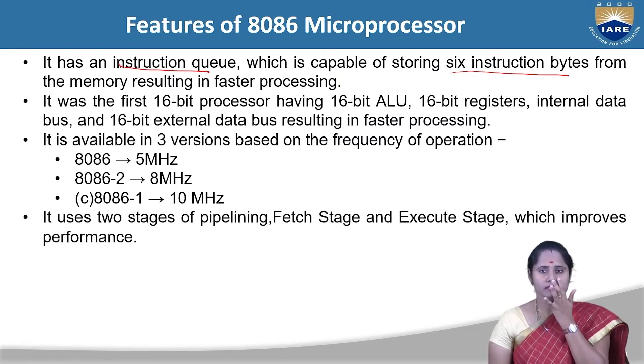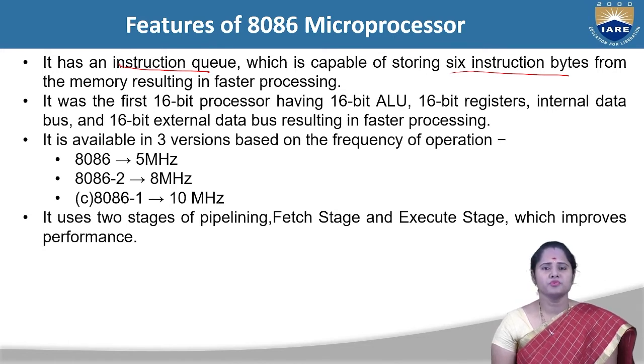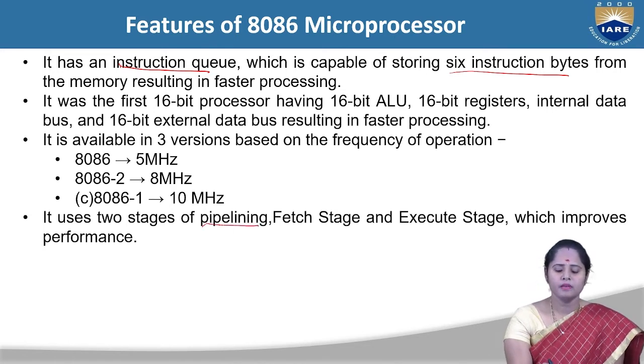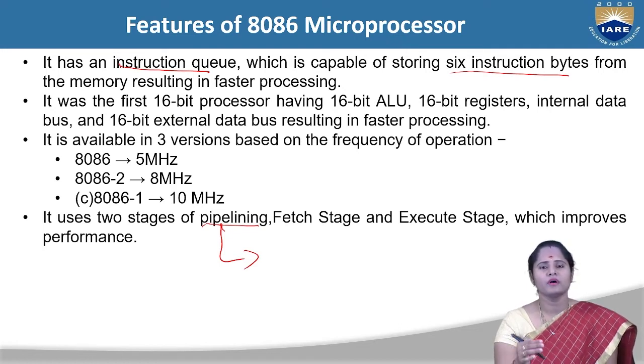The next point is pipelining. So what is actually pipelining? As you know, the name itself says: you have water flowing in a pipe. It means we provide a path for water to flow via a pipe.